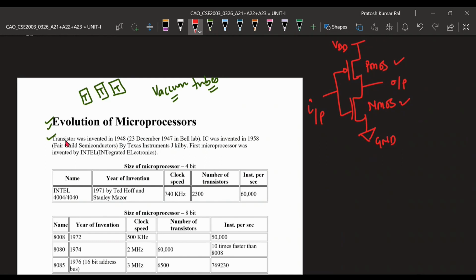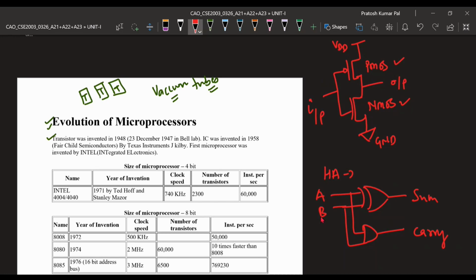Suppose we design an adder; even for a half adder, we know an XOR gate and an AND gate are used. This is the sum and this is the carry.